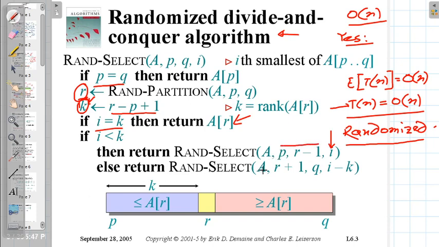Else we have to recursively solve the right hand side list, r plus 1 to q, with the I minus k-th smallest element. That means 7 minus 4. So this is the idea of this randomized divide and conquer algorithm.